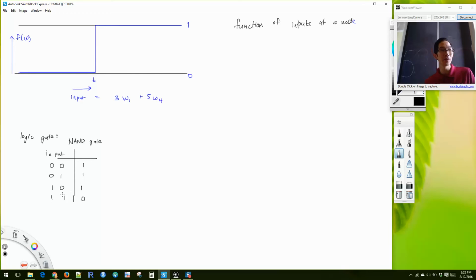Because you don't want the AND. So in this case, you would have 2 inputs and then 1 output.